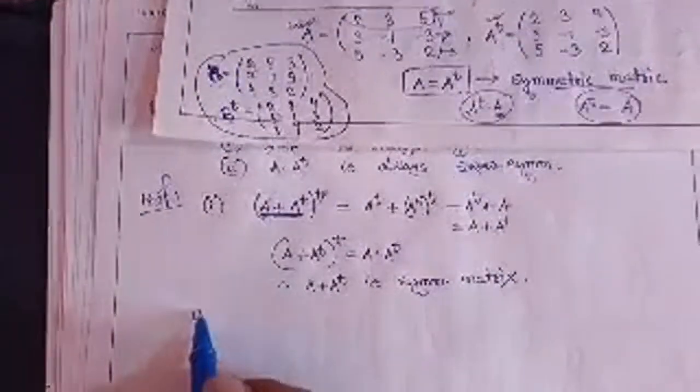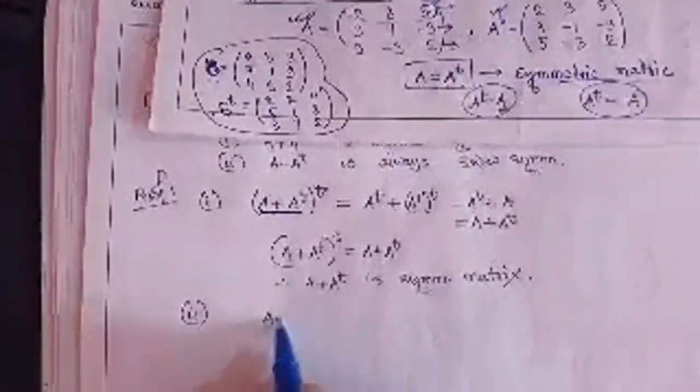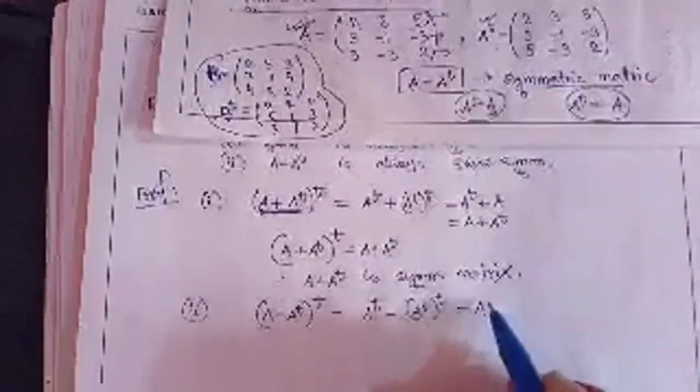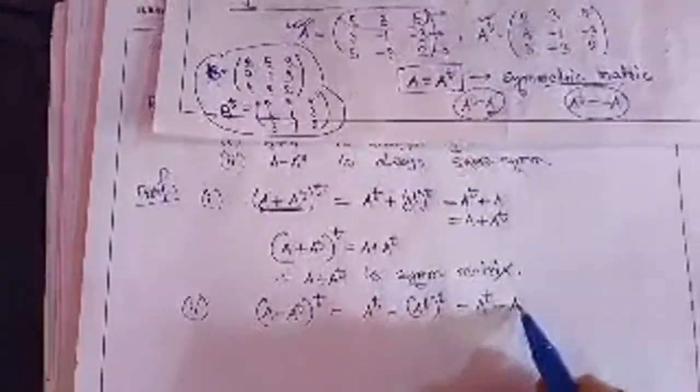By the same way, you can do the proof of the second one also. A minus A transpose whole transpose we are taking, then the transpose will be distributed: A transpose minus A transpose whole transpose equals A transpose minus A. Now take common minus, then it will be A minus A transpose.